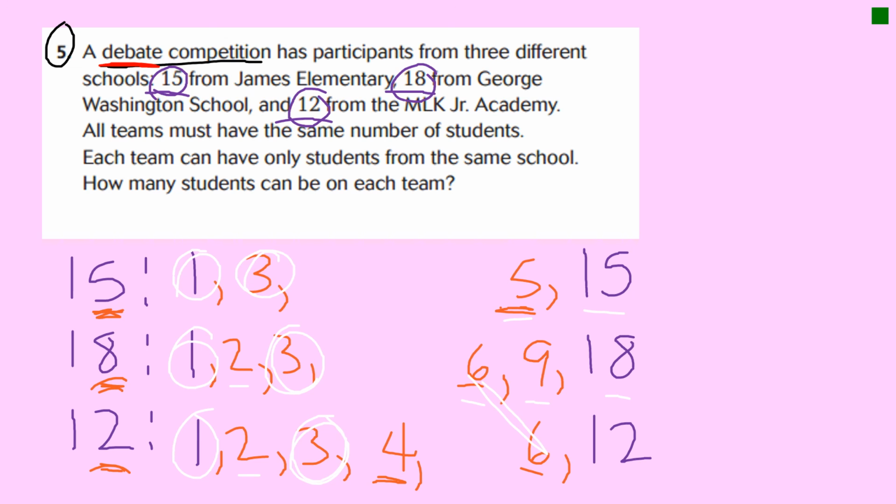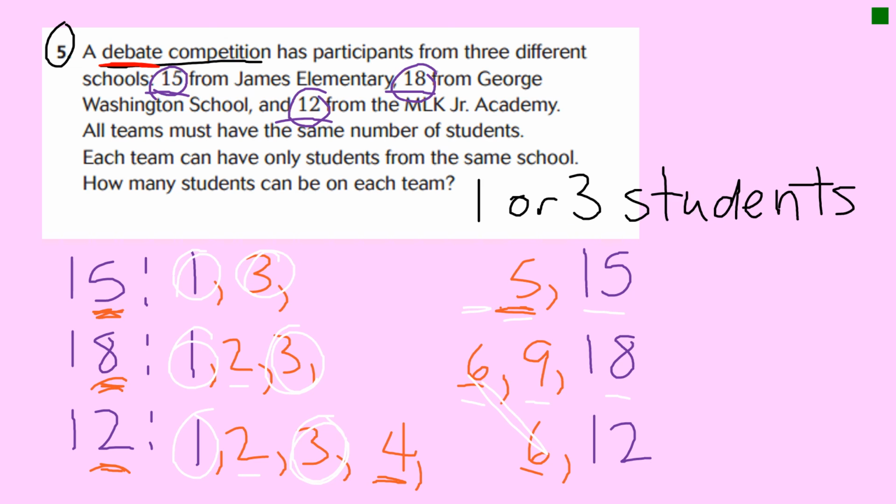Well, these 2 have 6 in common, but not up here. So I think that's it. I think we found them all. So let me see. How many students can be on each team? 1, boring, or 3, more exciting, students. Okay? Oh, that one was a lot better than the one before with about 1,000 numbers.